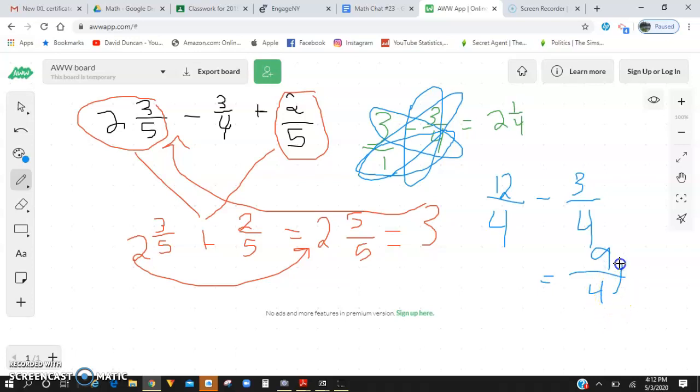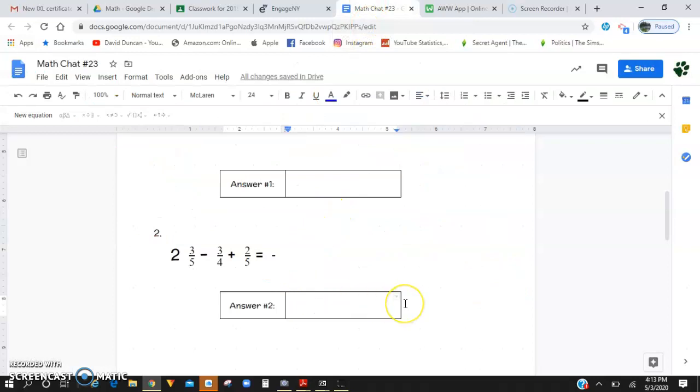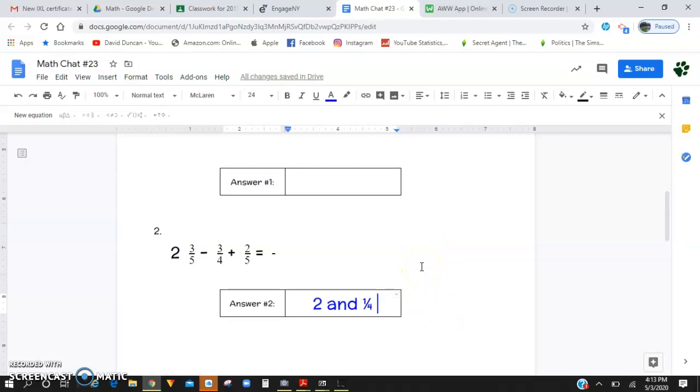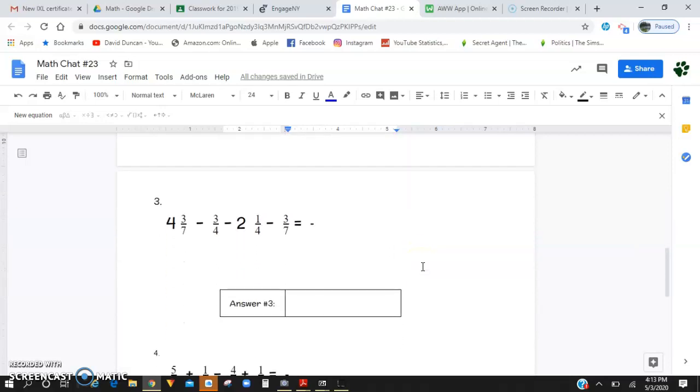And I know that 4 can go into 9 2 times, and then there's 1 left over. So my overall answer is going to be 2 1/4. Mentally, I solved it up here. I showed you how I was able to come up with that answer strategically down here. So my answer to number 2 is going to be 2 1/4.